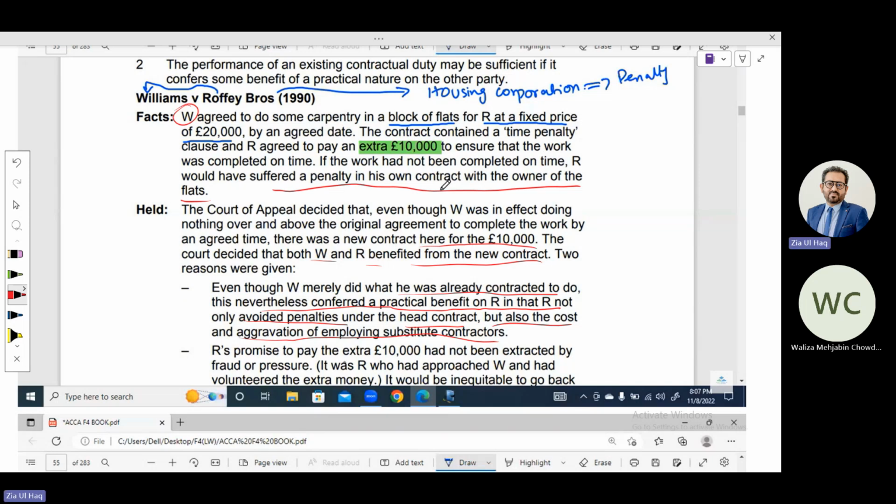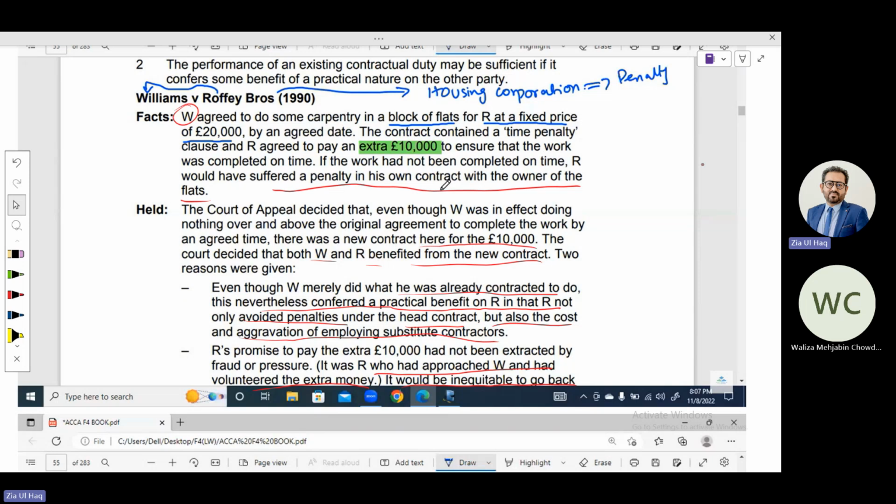Second, R's promise to pay the extra 10,000 had not been extracted by fraud or pressure. It was R who had approached W and had volunteered the extra money. So it would be inequitable to go back. I mean, he has to pay that extra 10,000 to the workers because due to completion of work on time, he avoided the penalty to his customer.